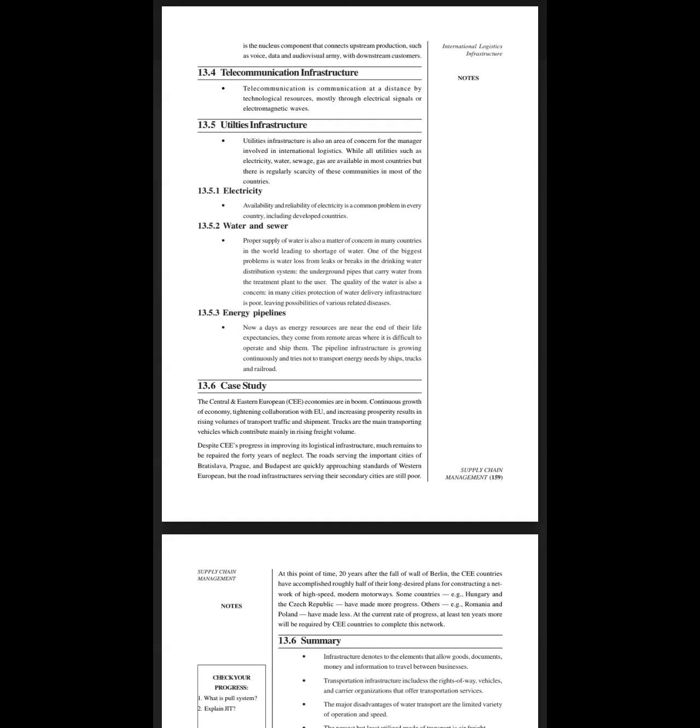Definitely, see, most of the manufacturing units you can see are located in rural areas, and the goods are then brought to urban areas, because in urban areas lots of things are available.